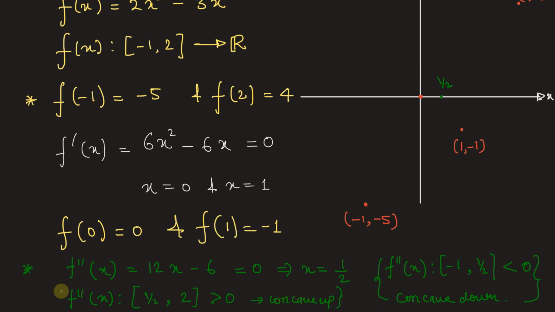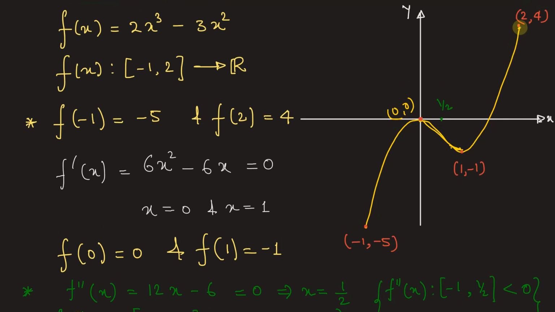Now let's plot the graph here. From -1 to 1 by 2, it is concave down. So let's draw like this. And the slope is also 0 at the origin. And at x is equal to 1, the slope is again 0. Now from 1 by 2 to 2, it is concave up. So let's draw like this. So the curve will be something like this.